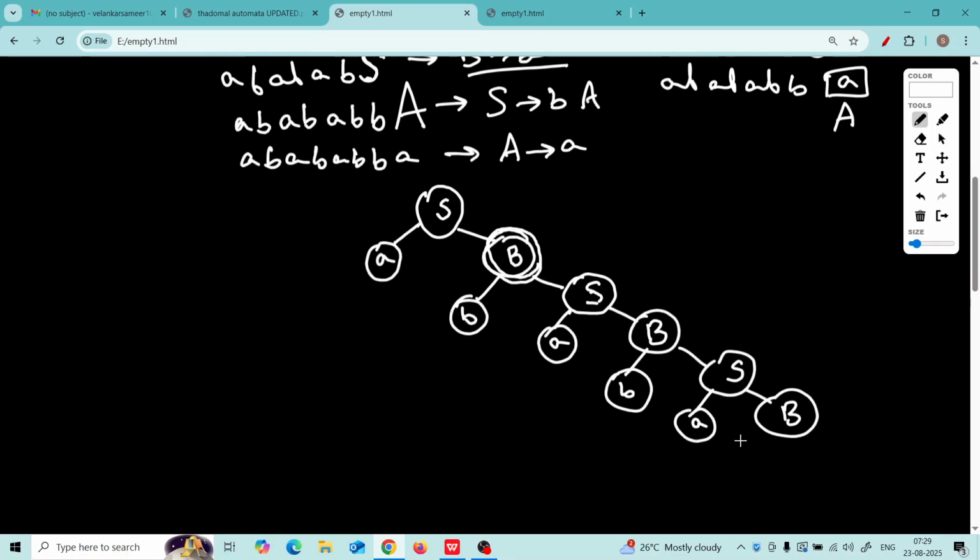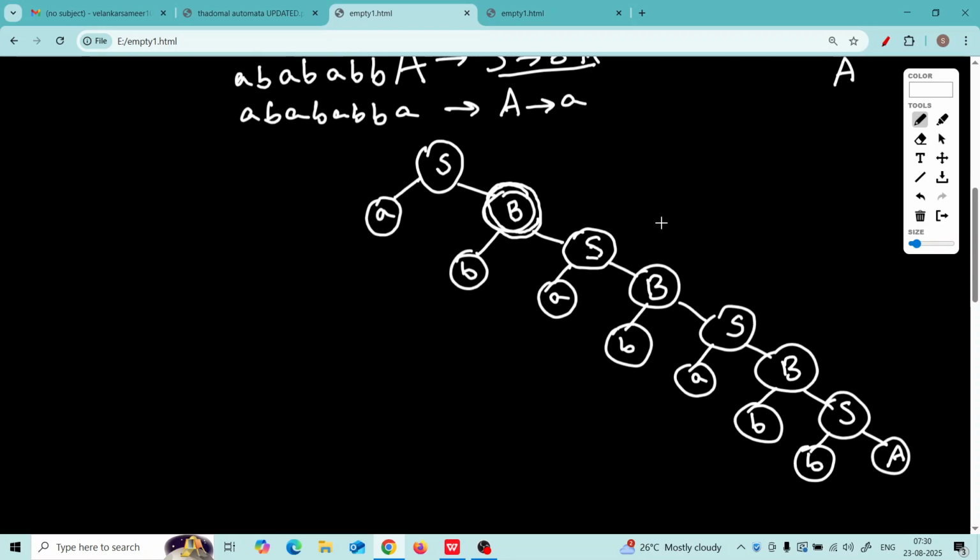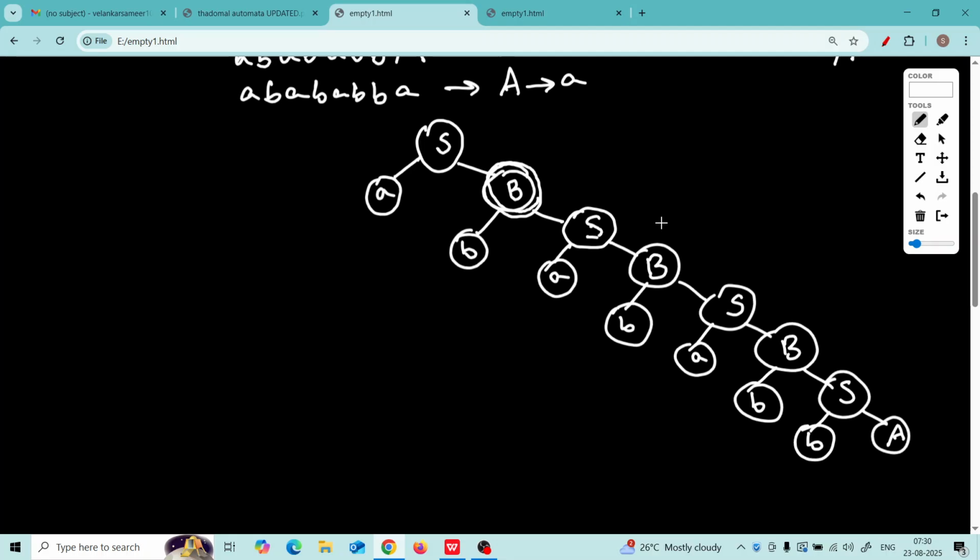So the parse tree is getting developed. B was substituted with bS. Then S was substituted with bA. S became bA. And finally A was substituted with a single child a.